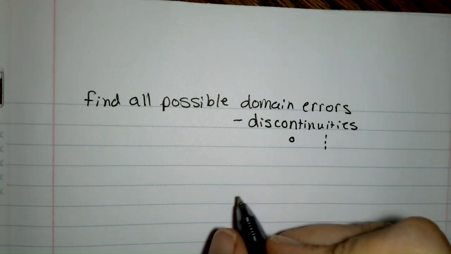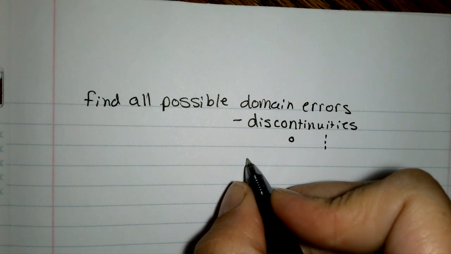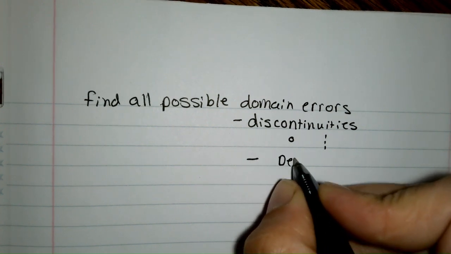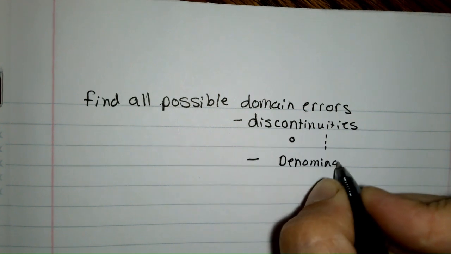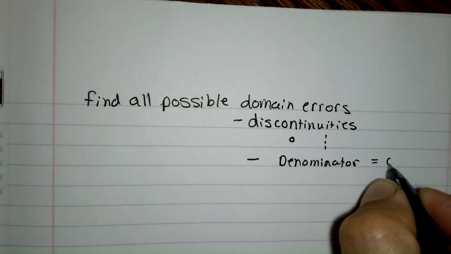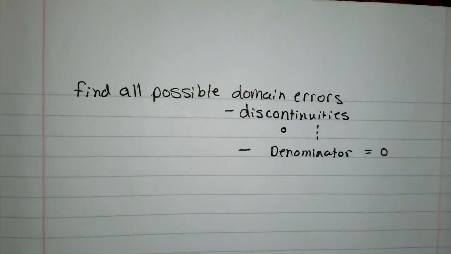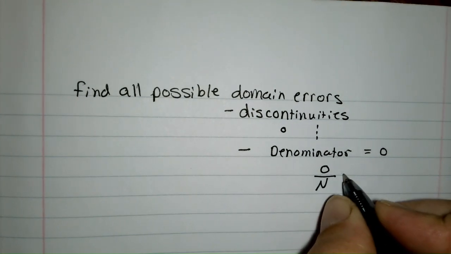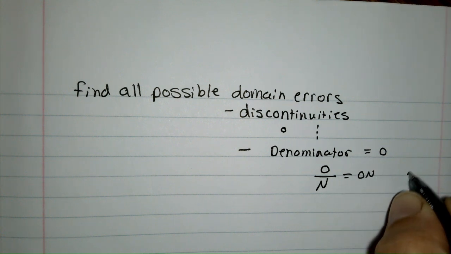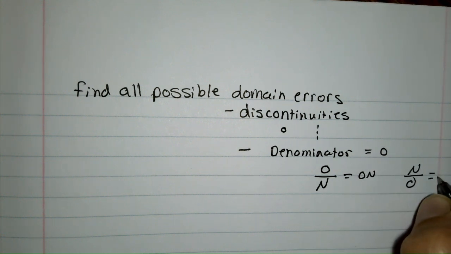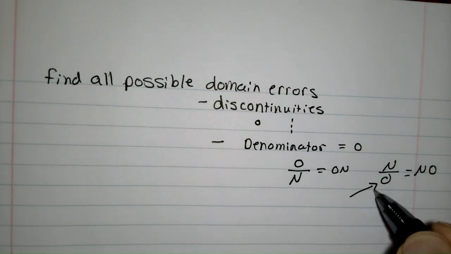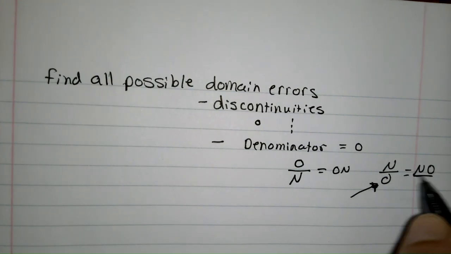And this happens because our domain error is going to happen because our denominator equals 0. Remember, 0 divided by a number is game on, but a number divided by 0 is a big no. So anytime you have 0 in the denominator, that's a no-no.